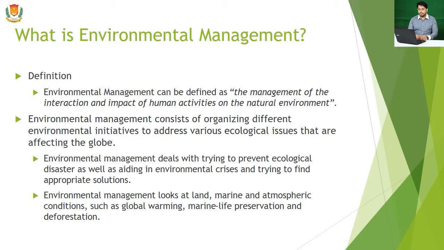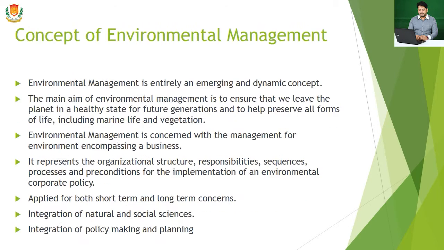Then, environmental management deals with trying to prevent ecological disaster as well as aiding in environmental crisis and trying to find appropriate solutions. Another definition could be environmental management looks at land, marine, and atmospheric conditions such as global warming, marine life preservation, and deforestation. So, all these components are encompassed in the definition of environmental management.